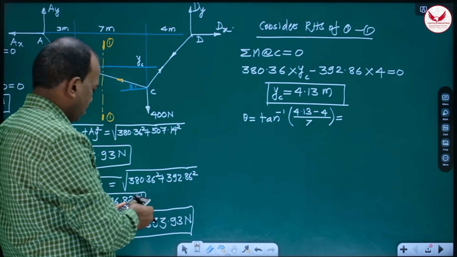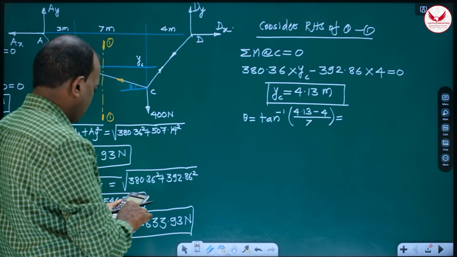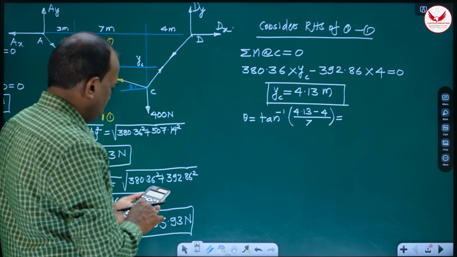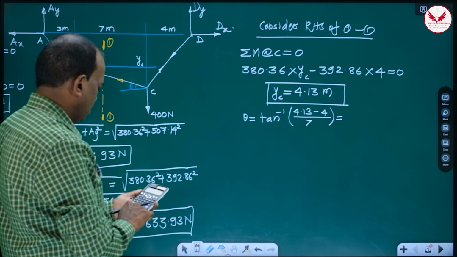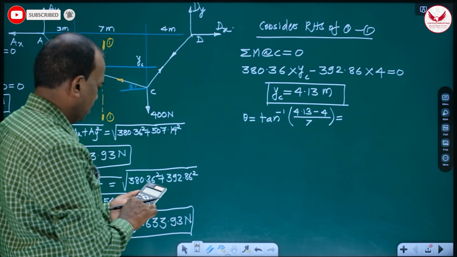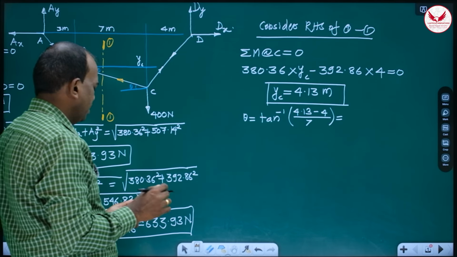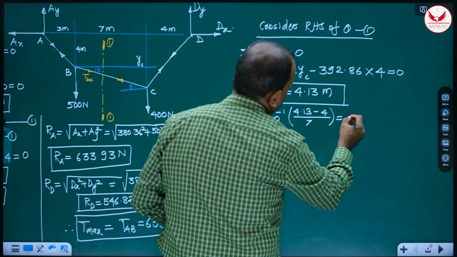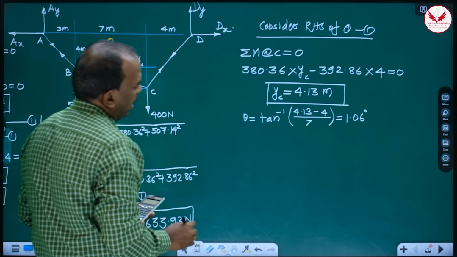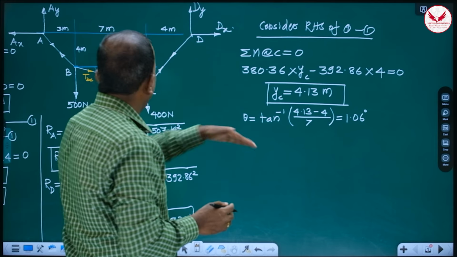Actually this angle is going to be very small in this case. Tan inverse of 0.13 divided by 7 is 1.06 degree, a very small angle.